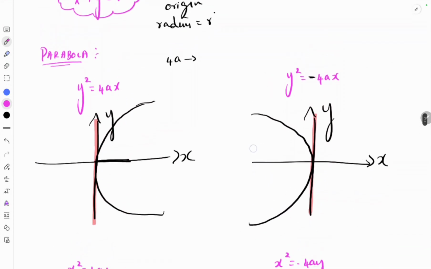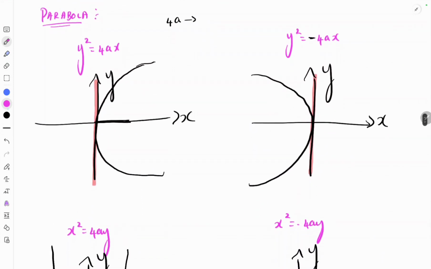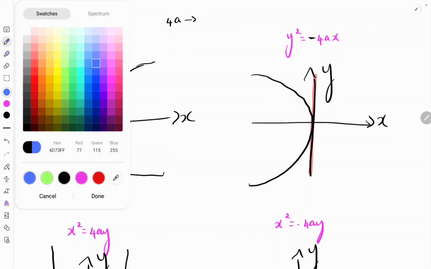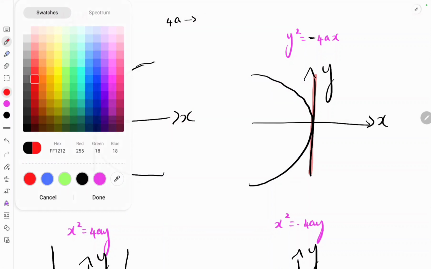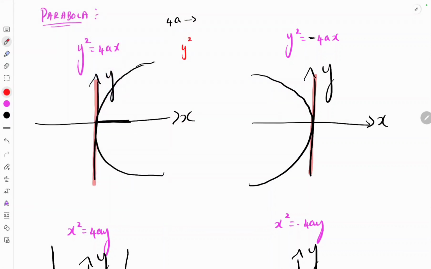And in the parabola, y square equal to 4ax is given. What if they have given y equal to root x? Squaring on both sides, y equal to plus or minus root x, so we have to join this as well as this one.